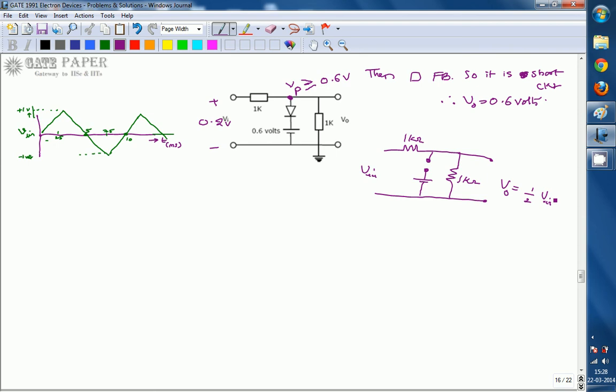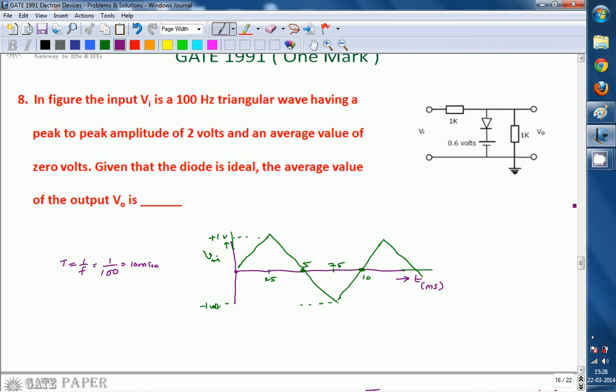During this, if V input is equal to 1 volt, the peak value, plus 1 volt, with plus and minus as marked, what you get is V0 equal to 0.5 volts only.